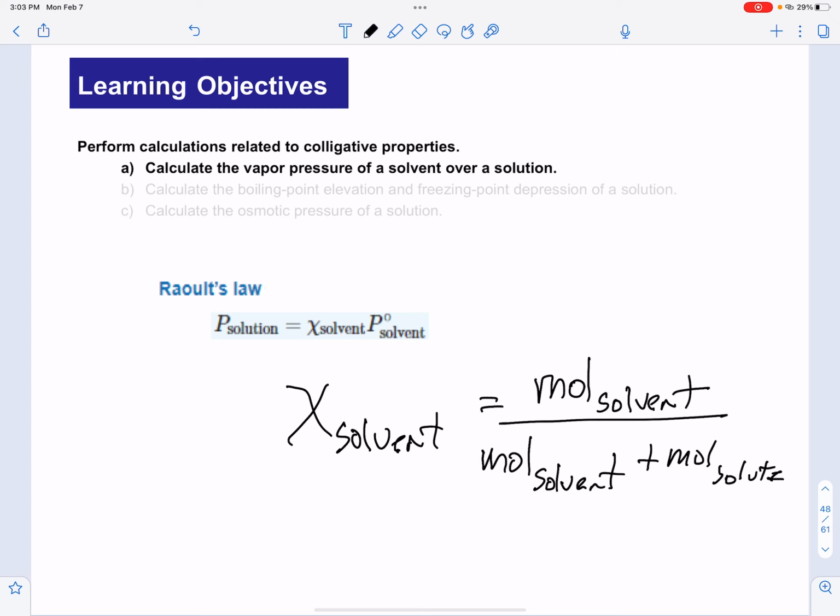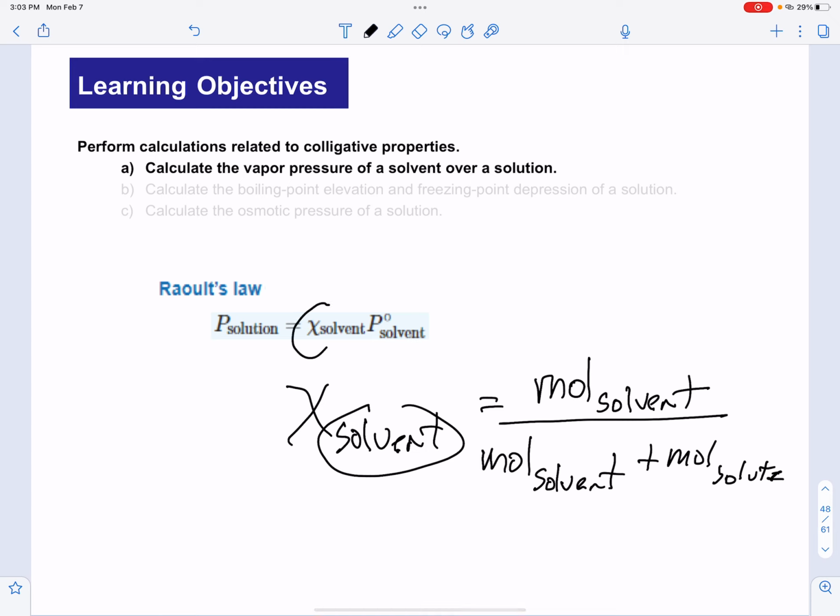Remember, that's what mole fraction means. And we're talking about the one for the solvent in this case. So just the solvent. So the solvent goes on top, the solute goes at the bottom.